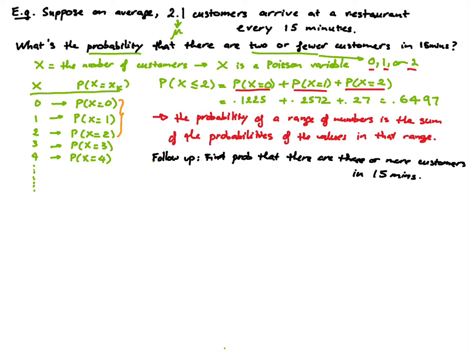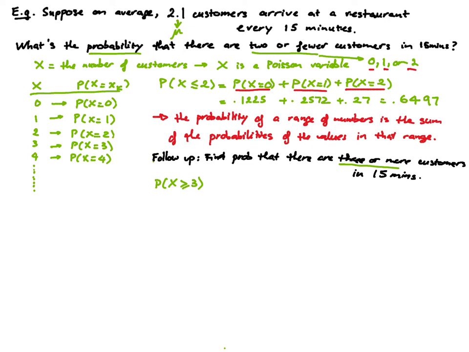So now let's look at the question and identify the probability that we're looking for. Here we have 3 or more. That means that we want to find the probability that x is greater than or equal to 3. Right? 3 or more means it's 3 or above.